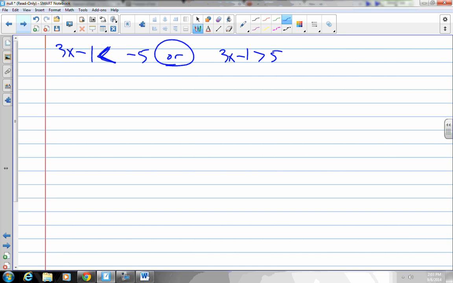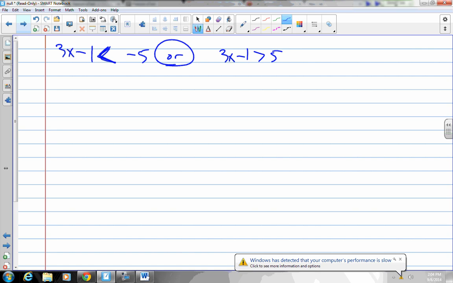So what am I talking about? Am I talking about union or intersection when you say or? Is that a union, everything together, or is it intersection, the overlap?